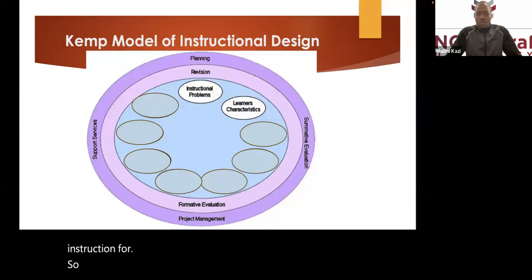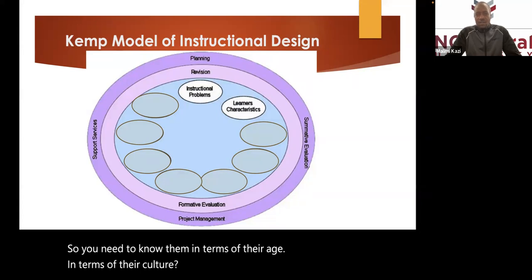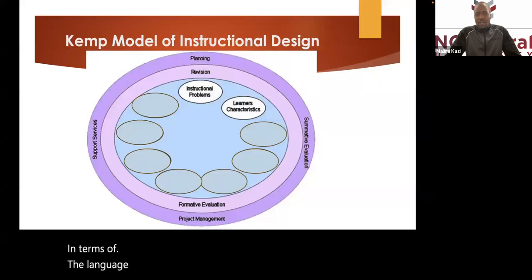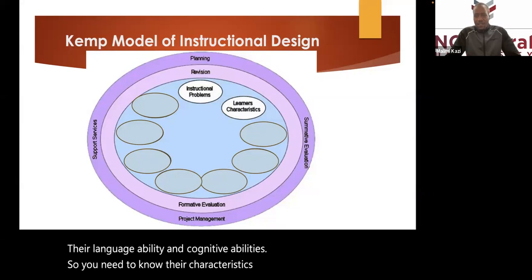You need to know them in terms of their age, their culture, their language ability and cognitive abilities. So you need to know their characteristics in different ways.